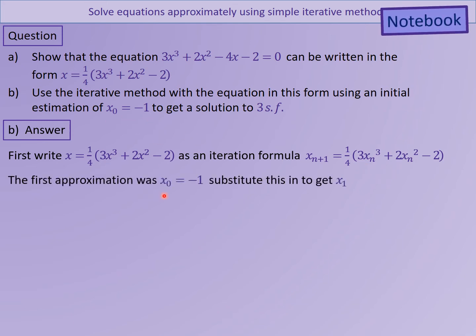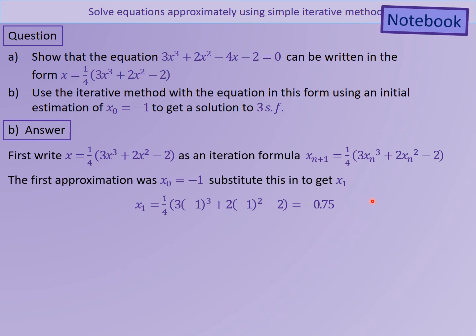So my first approximation, someone's come along and said, my guess is x equalling minus 1. You sub x equals minus 1 in there, it clearly doesn't equal 0. So what I can do is use this iterative formula to improve that x equals minus 1. So I substitute it into our iterative formula here, I calculate this value just by number crunching on my calculator, and out comes minus 0.75.